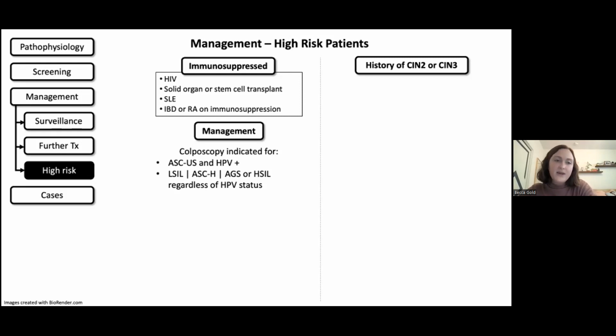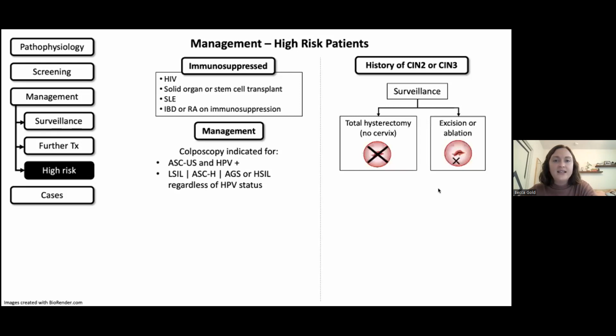But briefly, the biggest difference between this population and the general population is that colposcopy might be indicated for folks who have ASCUS and HPV positive results, or anyone with LSIL or worse findings, regardless of an HPV status. And then in patients who have a history of CIN2 or CIN3, these patients do require both an increased short-term and then long-term surveillance.